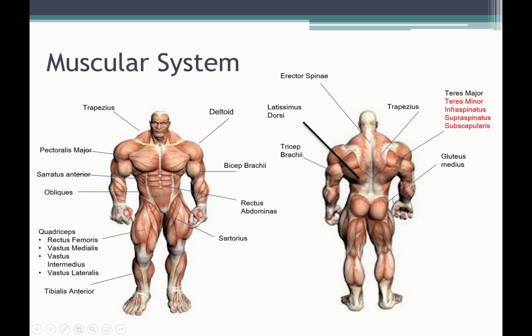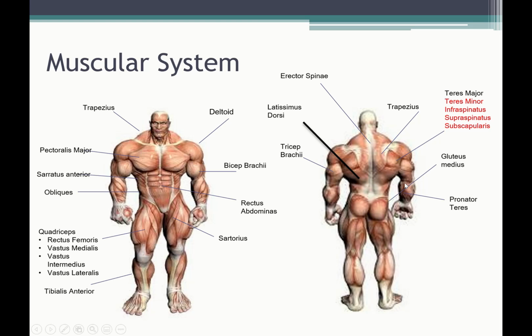The gluteus medius. Now, the gluteus, of course, is the buttocks, and the gluteus is actually made up of 3 different muscles. The gluteus medius, gluteus minimus, and then, of course, the gluteus maximus. So the gluteus medius we find on the lateral aspect of the glute.